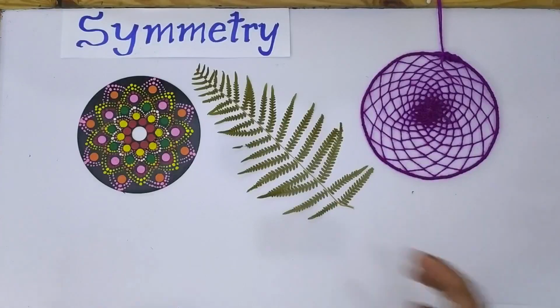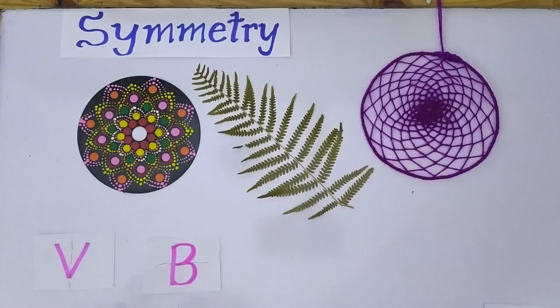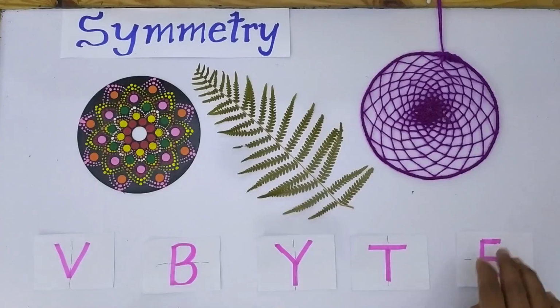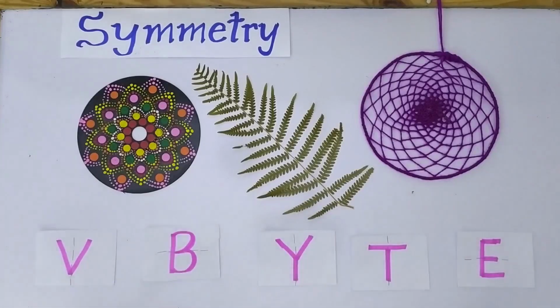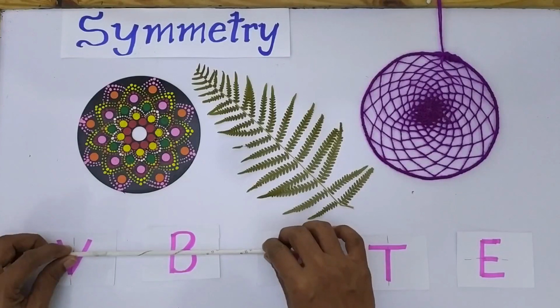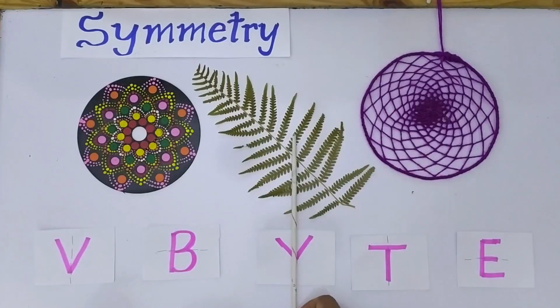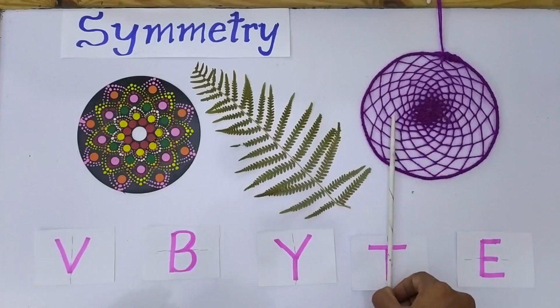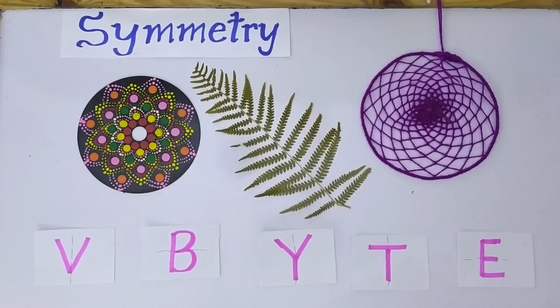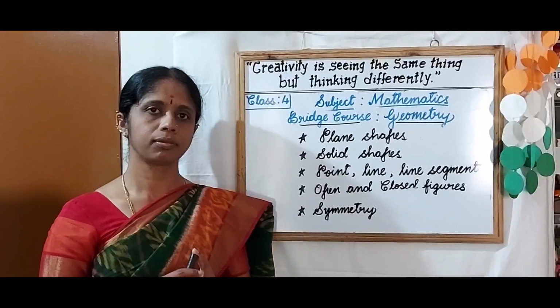It's not only in these things, we can find it in English alphabet capital letters also. If you draw a symmetrical line, both sides will be the same. Here horizontally if you draw a symmetrical line on B, both the halves will be same. Even Y also, and as well as T, E. A few English alphabet letters will be symmetrical. This is about symmetry.